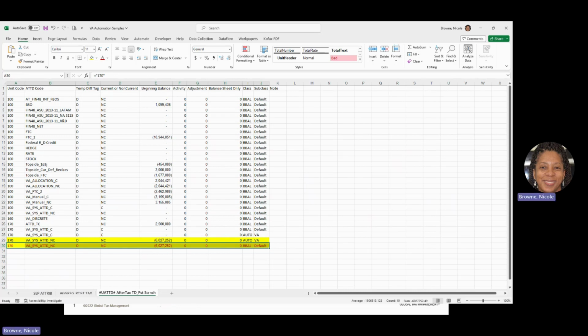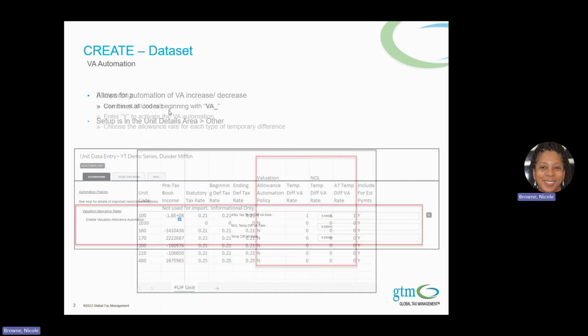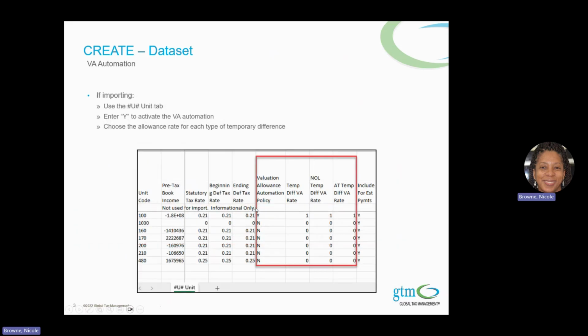to avoid duplication. Okay, so one last thing just to go through is that if you've got many entities, of course, we don't want to go through the software and just go individually. So if you do have multiple entities, you can take care of the automation using your unit detail screen.